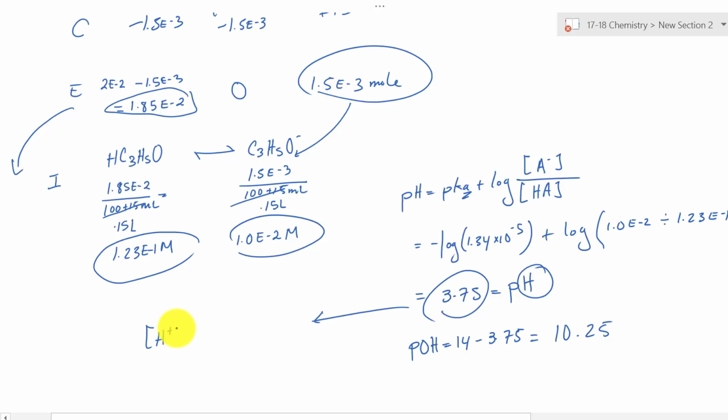Concentration of H plus is equal to 10 to the power of negative pH, in this case 3.75. Boom. What if I want to solve for the concentration of OH minus? Well, same thing. 10 to the power of negative pOH, which is 10.25. Let's see how easy that is. So, learn how to use the Henderson-Hasselbalch equation if you have a hard time using two or more ICE tables, okay?